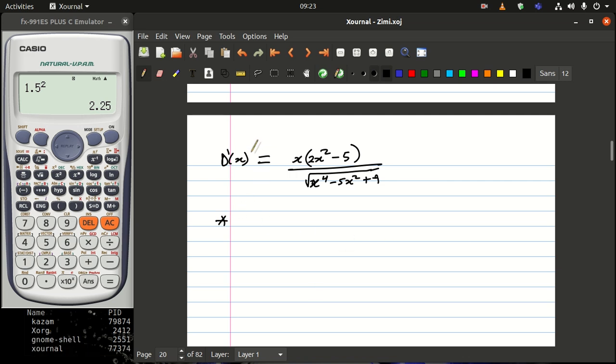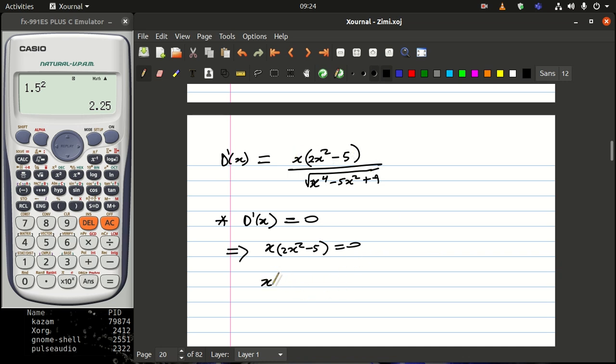The next step, you want to make the first derivative equal to 0. So you want your d prime of x equal to 0. So when is this thing going to be equal to 0? It is when the numerator, which is x times (2x squared minus 5), is equal to 0. Because if the denominator is equal to 0, this is going to be undefined. So this can only be 0 if the numerator is equal to 0.